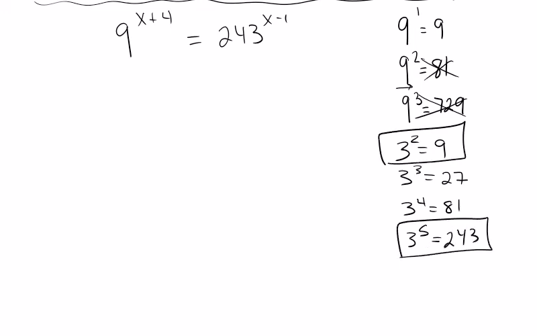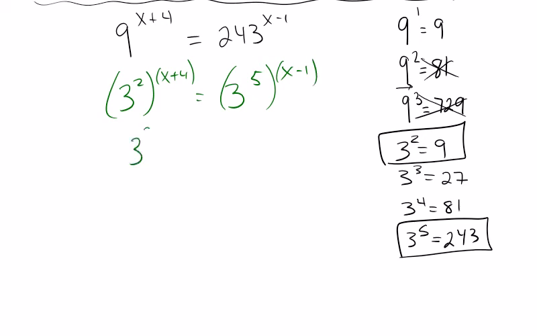So what we're going to do is make conversions on both sides. So that means 3 to the second to the x plus 4 is equal to 3 to the fifth to the x minus 1. So that's going to get us 3 to the 2x plus 8 should equal 3 to the 5x minus 5. We need to distribute out those values.